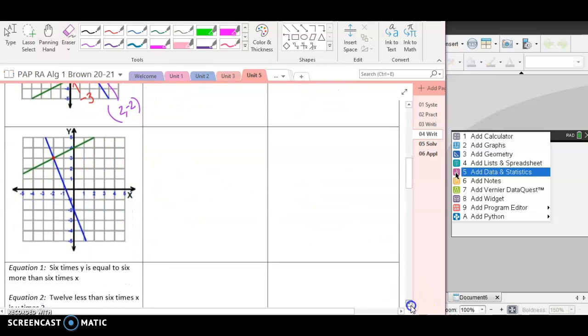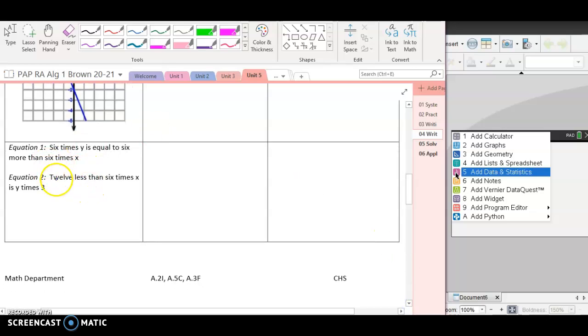Let's skip down to number 3. We're going to take a verbal description, write a system of equations, and then solve it. Okay, so we have 6 times y. That means 6y is equal to, means equal, right?